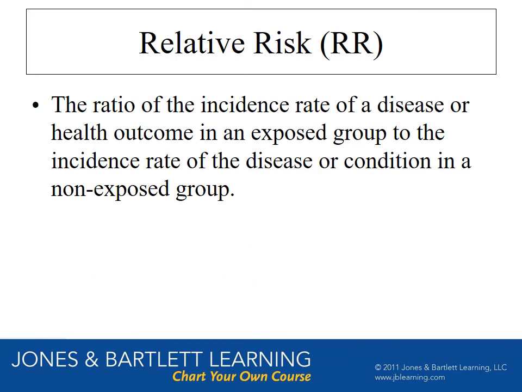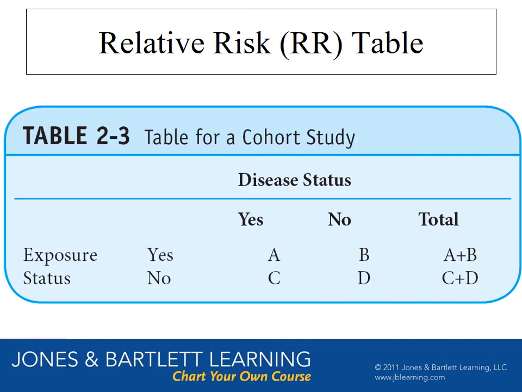Relative risk is another measure of disease association, and it focuses on the risk of disease in an exposed group compared to the risk of disease in a non-exposed group. In this case, we might consider an incidence rate ratio or a risk ratio as measures.